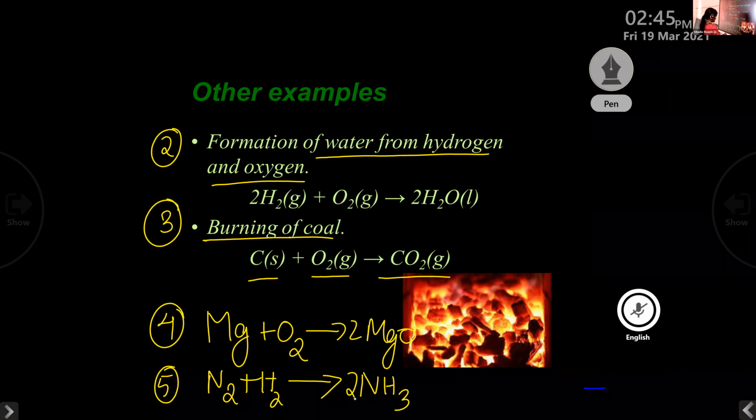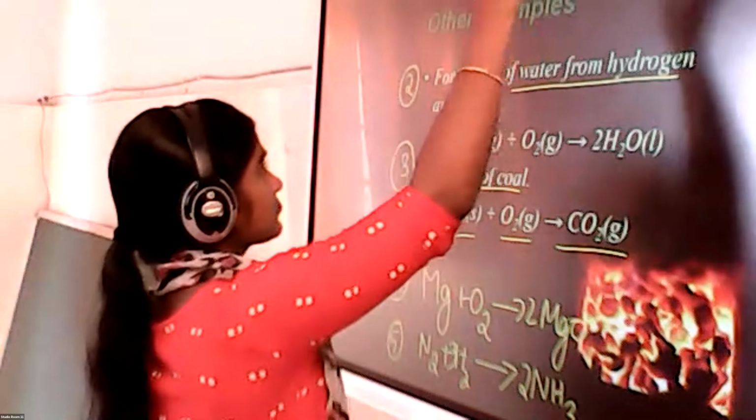But you have to balance this equation. N2 plus 3H2 giving 2NH3. These all are examples of combination reaction. Only one point you have to note, that two or more reactants combine together to form a single product. Only a single product is seen in this type of reaction. That's the first type of reaction, that is combination reaction. Is this clear?